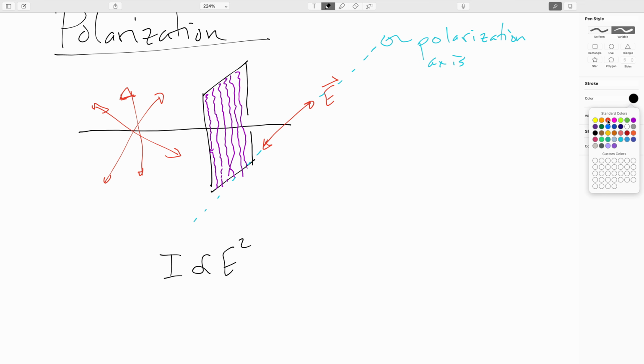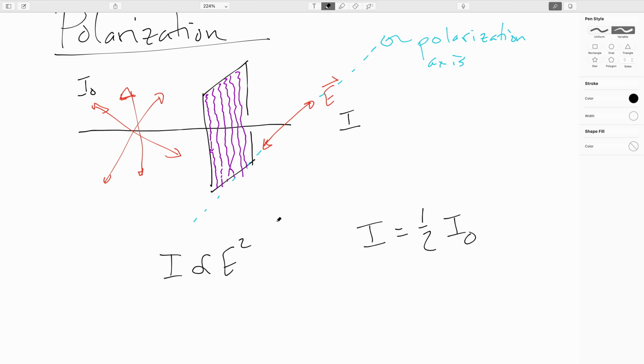So if our initially unpolarized light has intensity I naught, what will pass through is intensity I. And because we average over every possible angle, because we've got every possible polarization axis here, this will go as the average value of E squared. So the intensity that we observe is 1/2 of the initial intensity, because the average value of sine squared is 1/2. This gets called the 1/2 rule, cleverly enough.